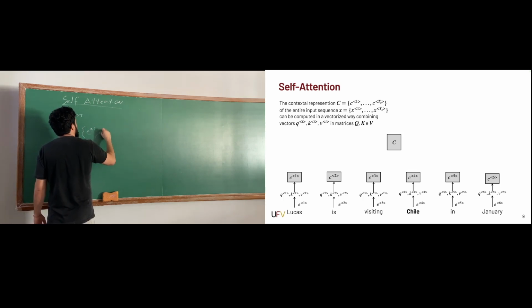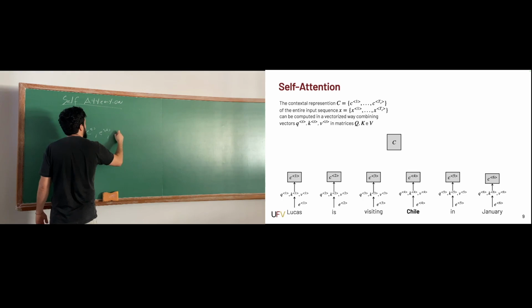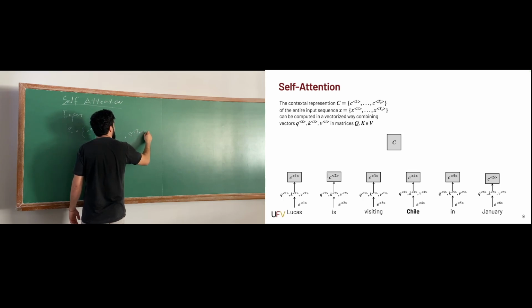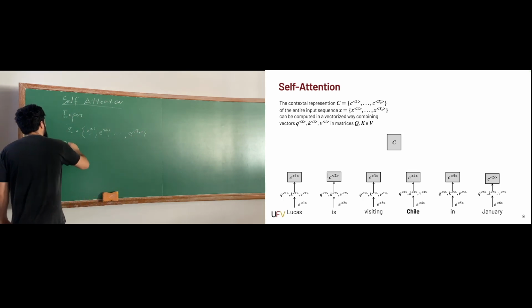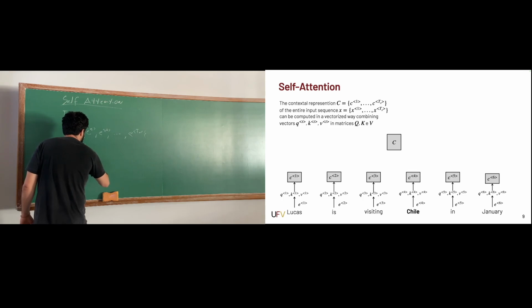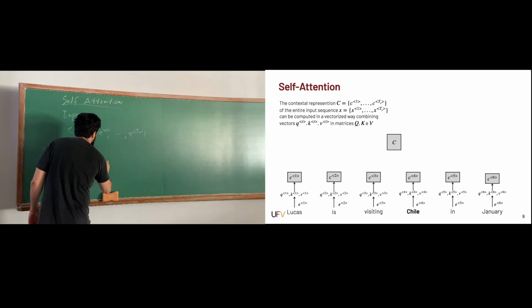E1, E2, up to E dx. And the output has the same number of elements, but now transformed with contextual information.